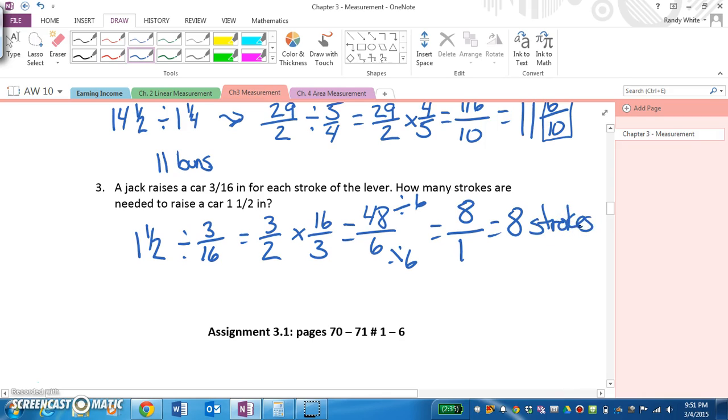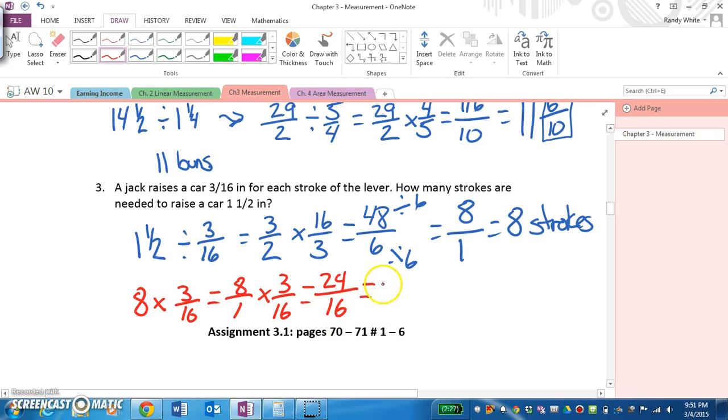So the nice thing about math is you can always check to make sure I've done it right. So I take my 8 strokes, and each time I hit the lever, it's raised 3/16 of an inch. What is that going to equal? Well, 8 is the same as 8/1 times 3/16. 8 times 3 is 24 over 16.